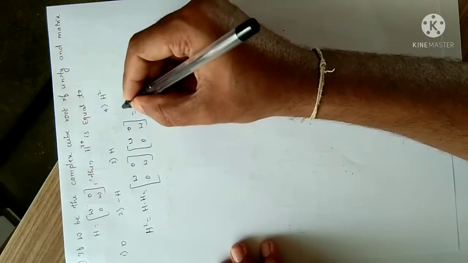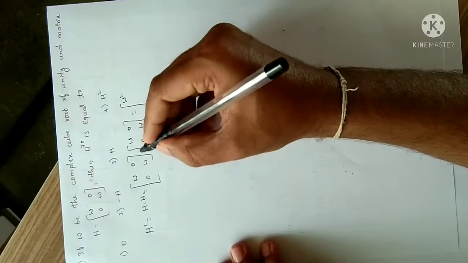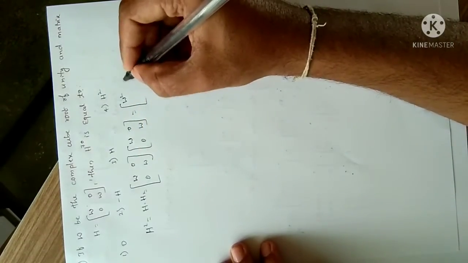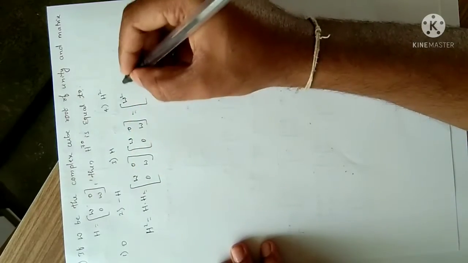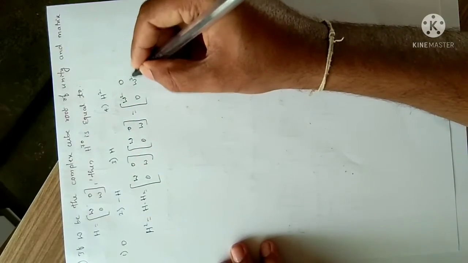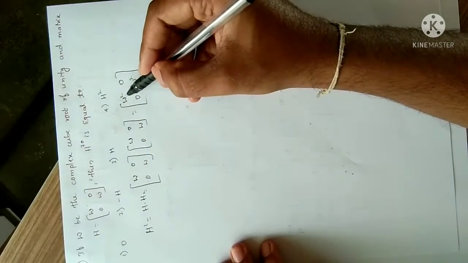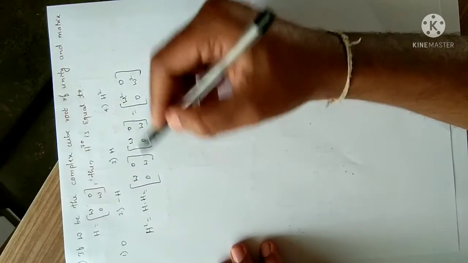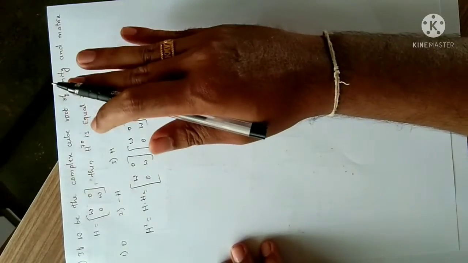Now if you multiply, what will you get? Omega into omega is omega square, then 0 into 0, the same, it will be 0, 0. If it is a diagonal matrix, then you just raise the power, however many times you multiply, only if it is a diagonal matrix.